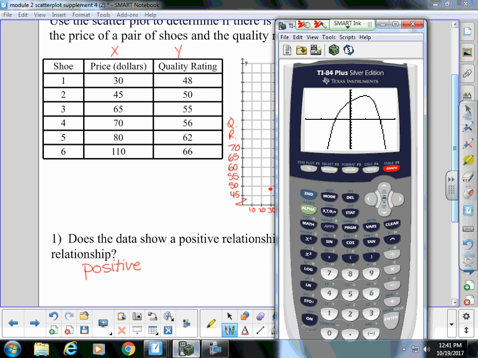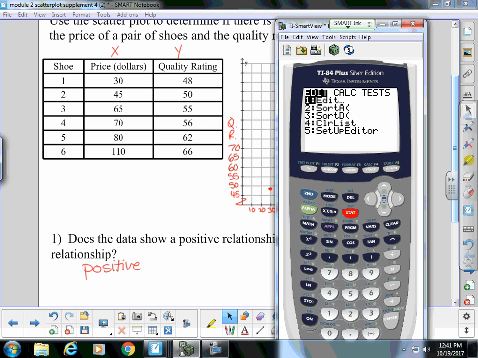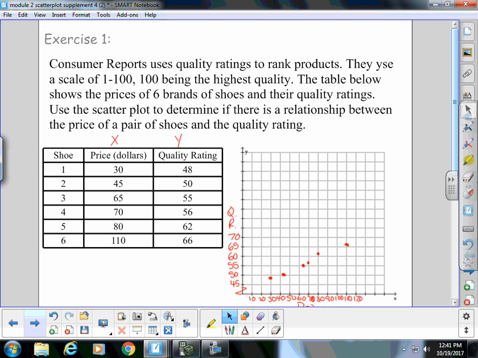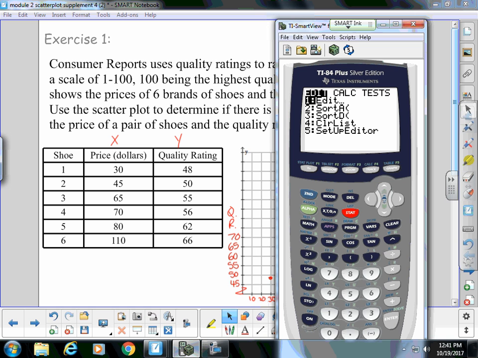On my calculator up here, first I'm going to get out of this screen. That was something I was doing with a different class. I want to first click on the key that says stat. Remember, my keys turn red whenever I click on them. It says stat and then enter. So I'm going to click on stat and then enter.